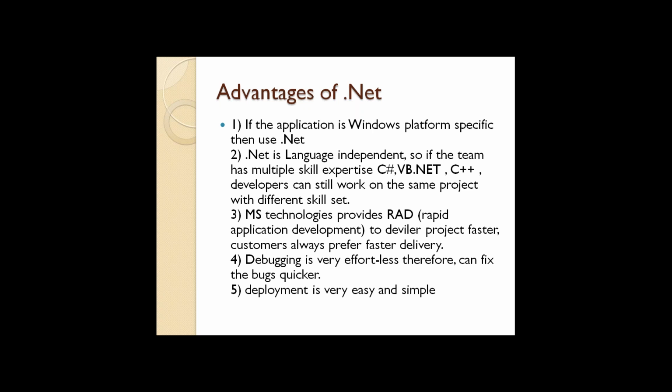The CLR is responsible for language independence. The CLR will execute all types of coding languages, right? We have C#, VB.NET, C++, but the CLR will understand all this code, merge it together, and give the output. Okay, so .NET is language independent.